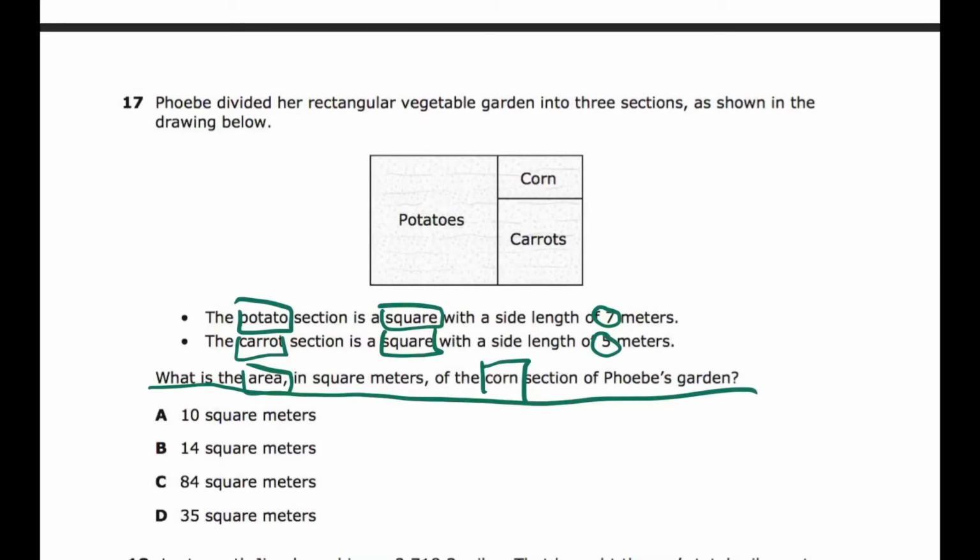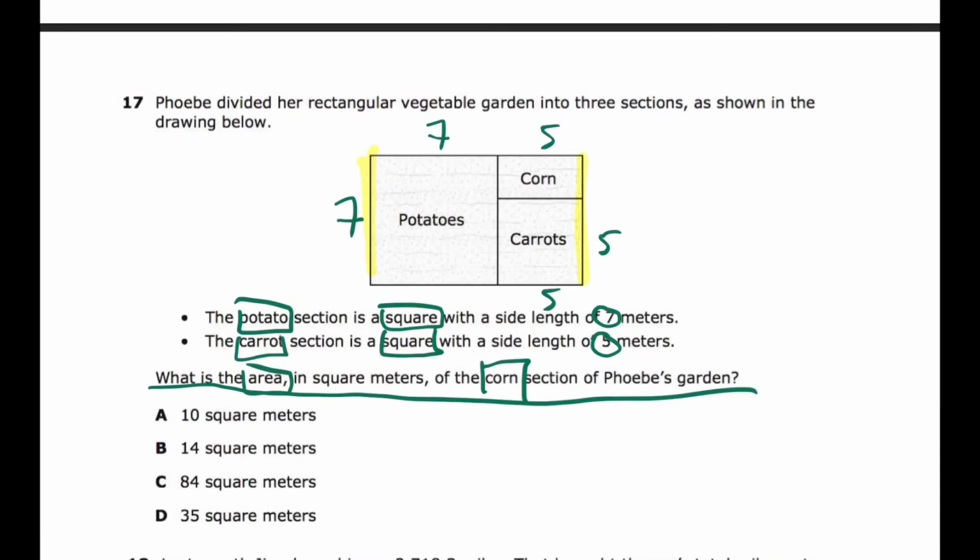And so let's go ahead and fill in the pieces that we do know. I know that potatoes is 7. And because it's a square, I also know that all of my sides are 7. Carrots is 5, and because it's a square, I know that all of my sides are 5. So then I know up here is also 5. And then what I'm able to see, because I know that it's a square, this side length here and this side length here are the same.